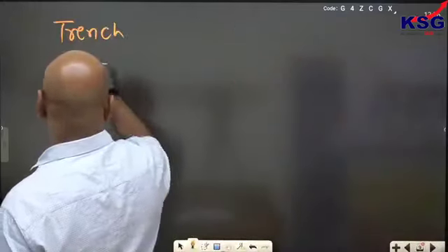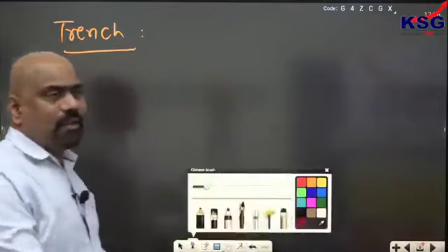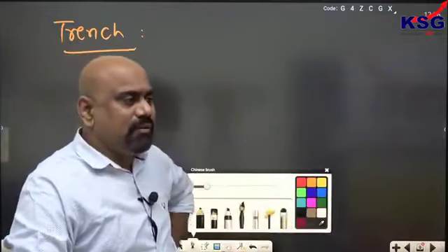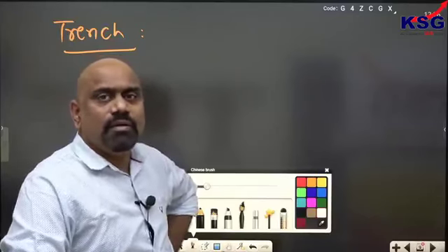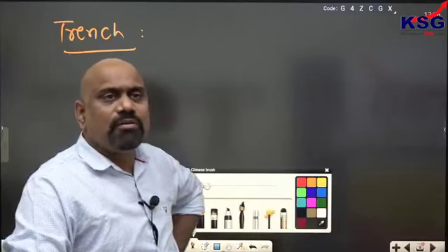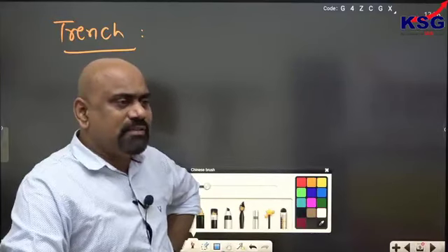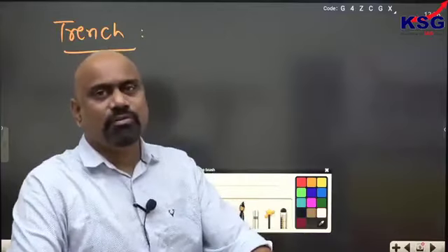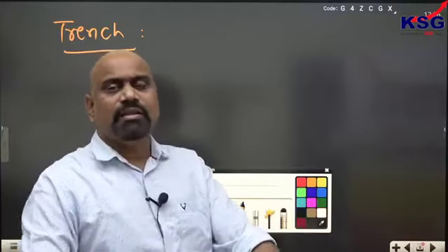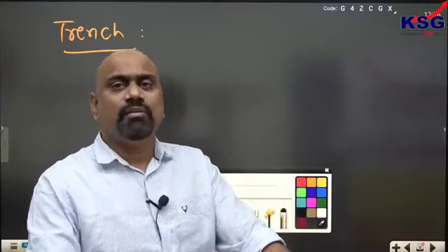What are these trenches? A trench is a deep profile, a very deep profile over the ocean floor, and this deep profile is developed due to tectonic causes.